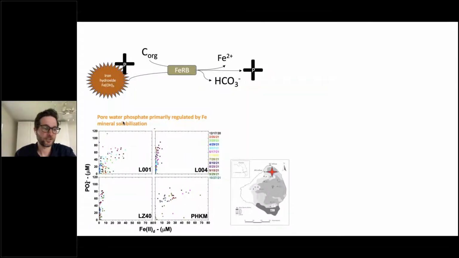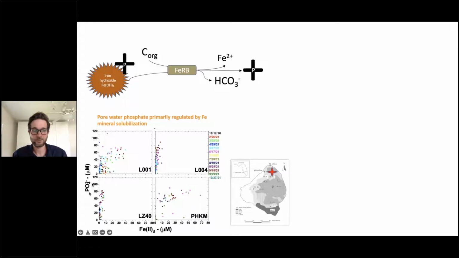I want to show off a cool technique that we have to look at phosphorus cycling. The whole idea is that the iron oxides adsorb phosphate. You have iron-reducing bacteria that couple the oxidation of organic matter to the reduction of these iron oxides, releasing Fe2+ and releasing free phosphate to the pore waters. We do see correlations.